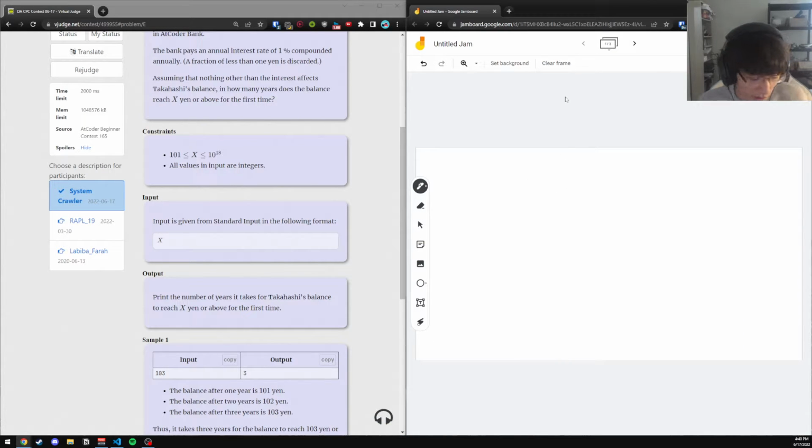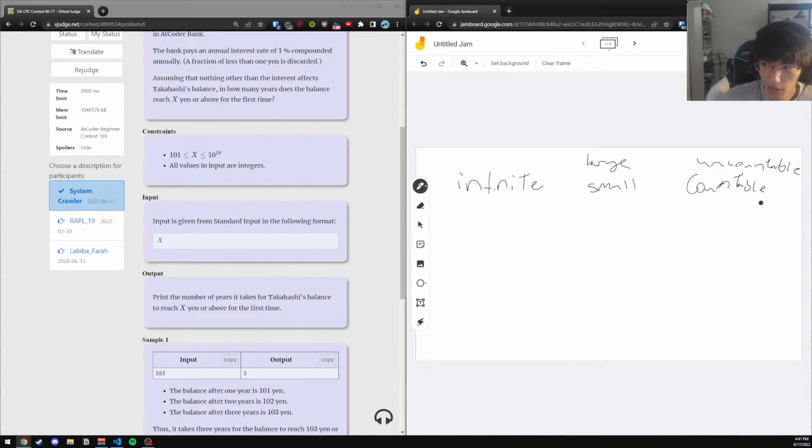And if you've done discrete math, you might know that there's something called infinite numbers, and there's large infinite and small infinite, or smaller and larger infinities. So it's also called countable and uncountable infinity. And so let's look at integers.